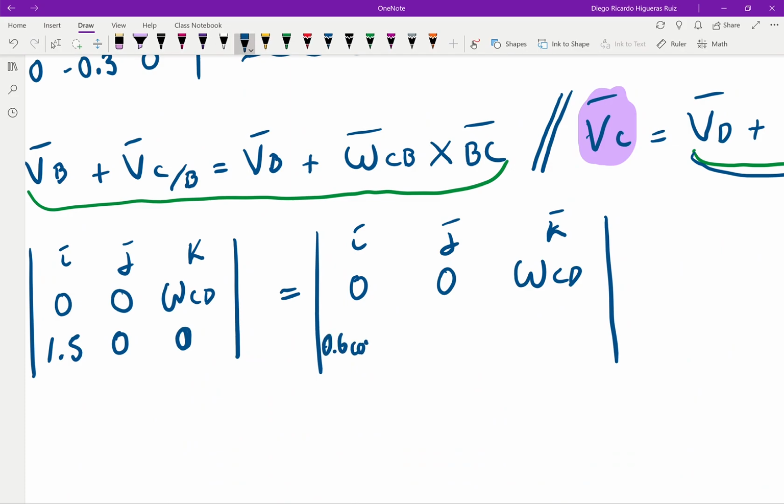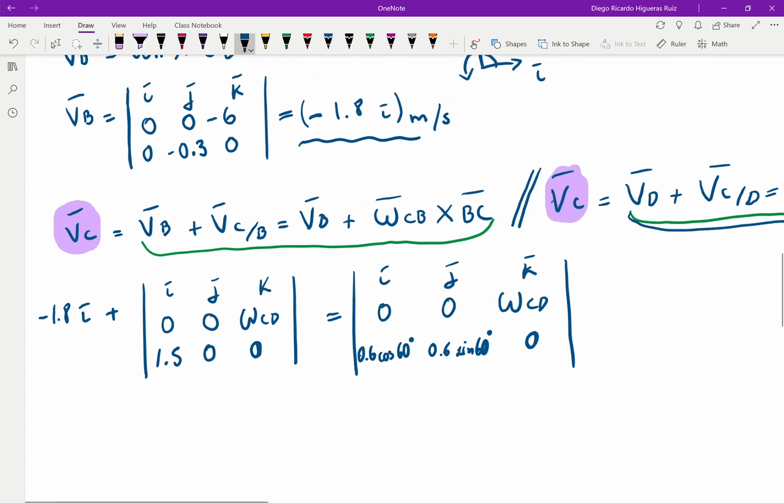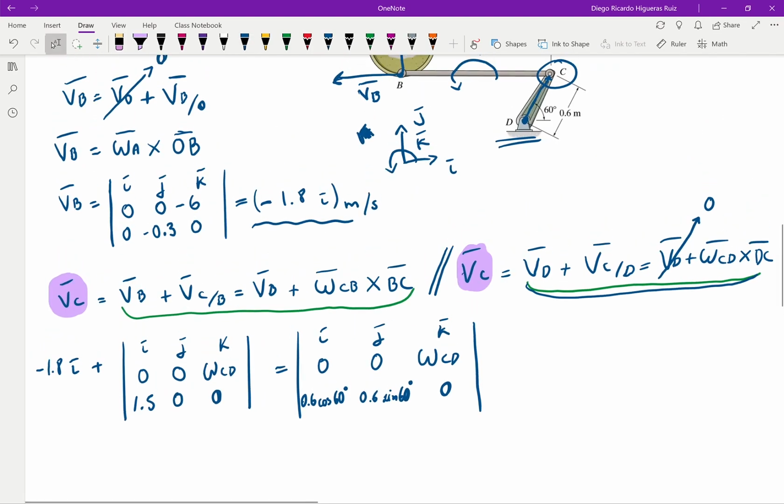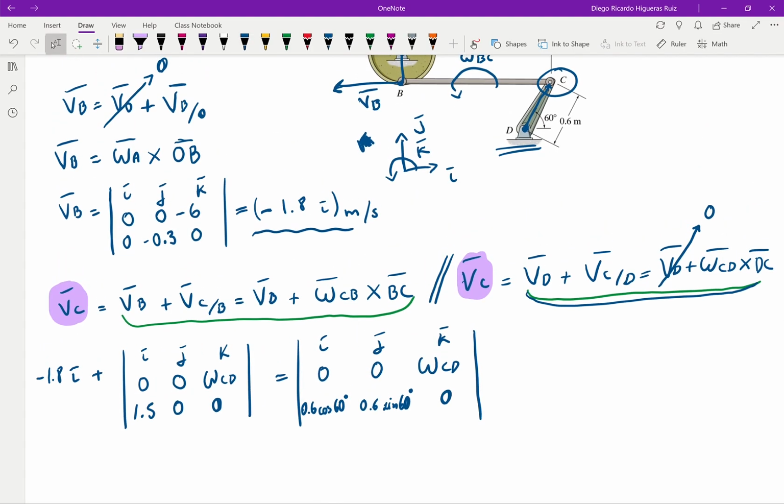Okay, cosine of 60 degrees, and then it's going to be sine 60 and 0 in the Z or K component. Okay, let's see if I got it back. Oh, there we go. Okay, so now you can see that we're going to have two unknowns, omega CD and omega CB. Okay, omega CB and omega CD.